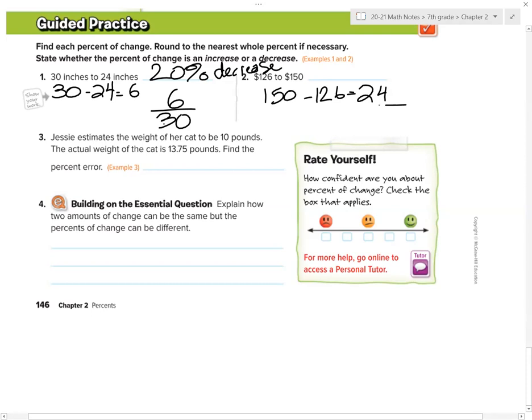So we have the difference over the original. 24 divided by 126 is 19, so 19% increase.